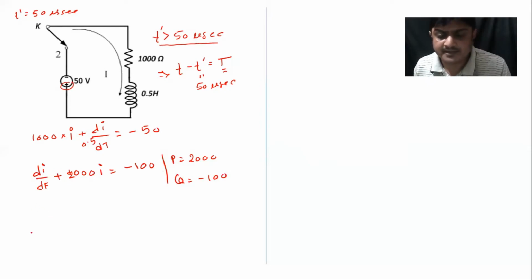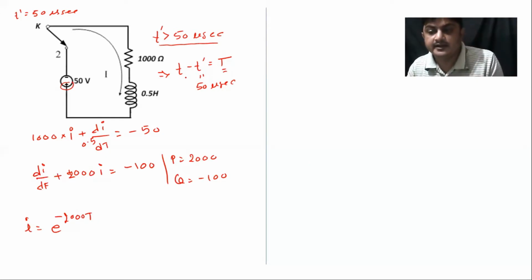So now let us apply the generalized rule here also. I is equal to e raised to minus pt, where the value of p is 2000, so minus 2000 T. Here I am using capital T because capital T represents my t minus t dash instant, where t dash is 50 microsecond.